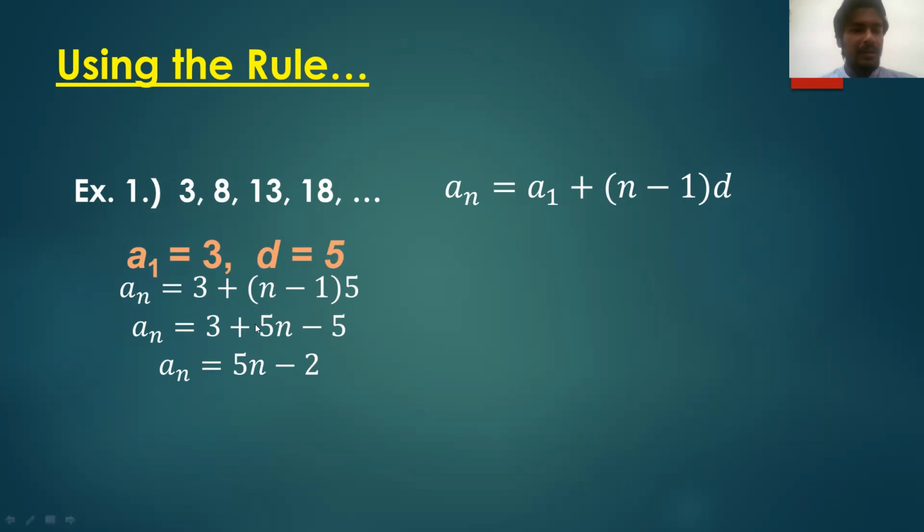To simplify the equation, we get an = 5n - 2. Here 3 and minus 5 are summed, and the result is minus 2, because the negative number is bigger than the positive, so the sign is negative.